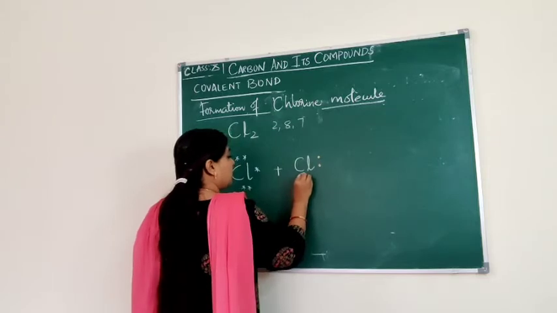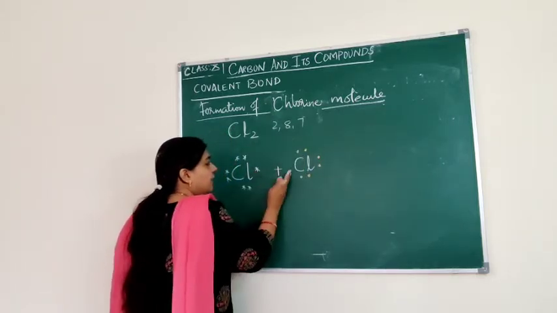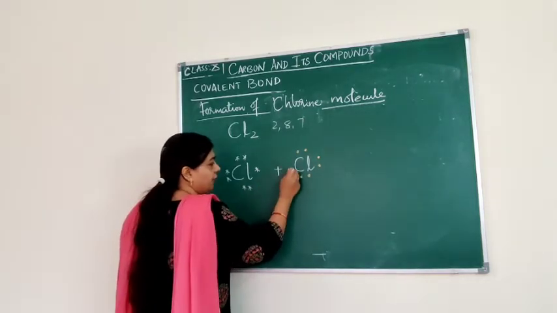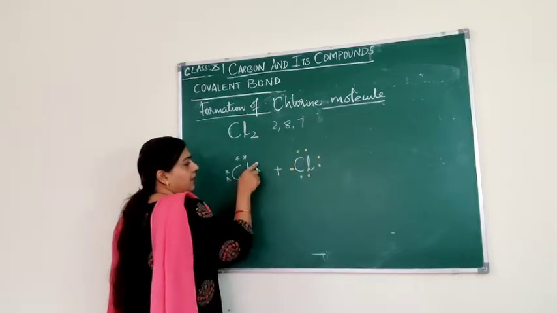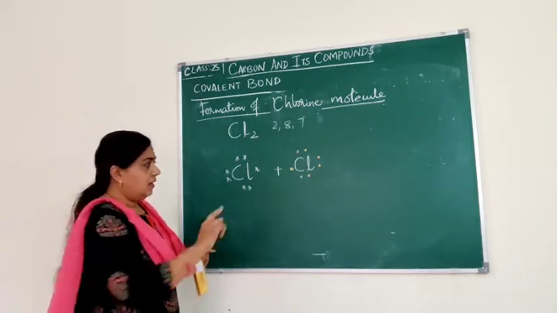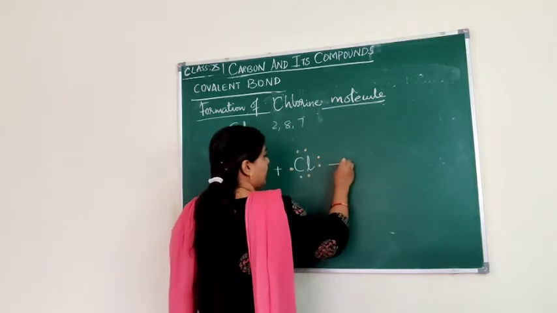Whenever you show the electrons, make sure that where they are going to share, you leave it vacant. It needs 1 electron here, and 1 electron here. So you arrange the dots like that, and they combine.